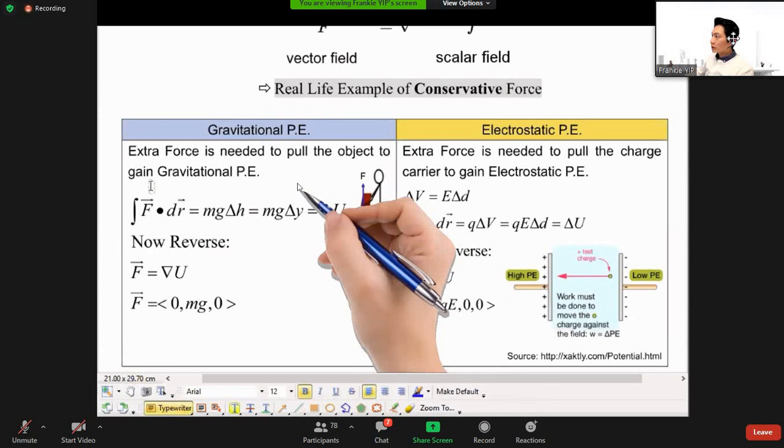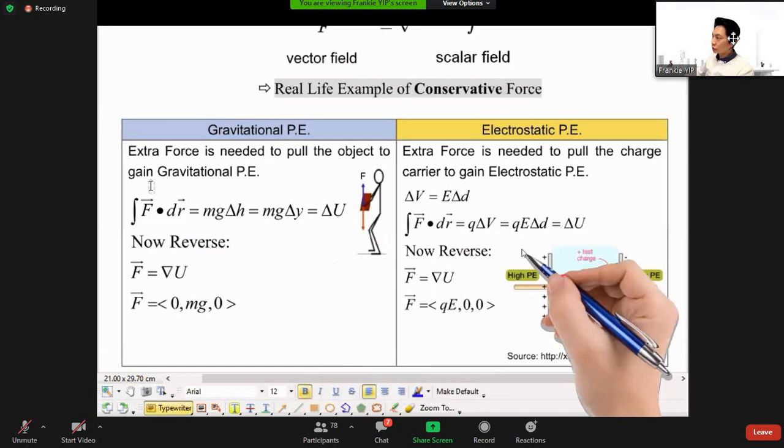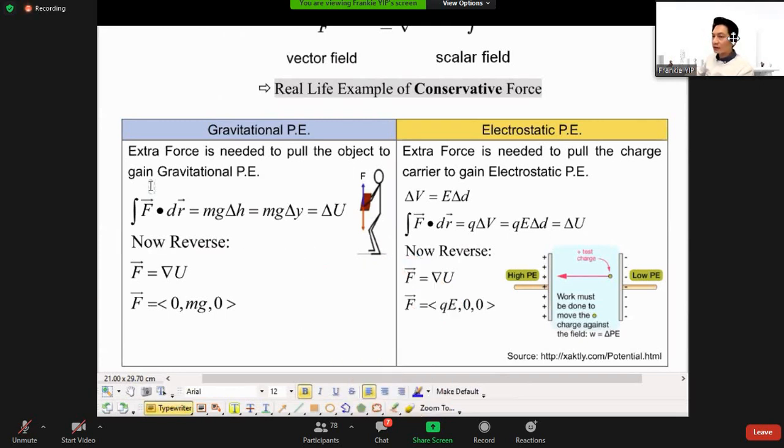What does it mean? I would like to let you know about two physics applications. If you haven't studied physics before, try to get the idea.